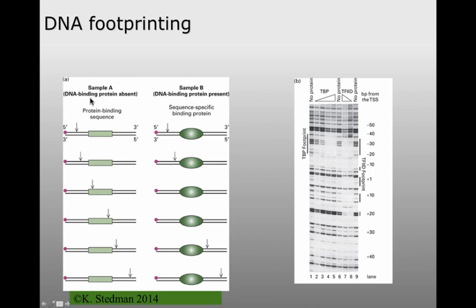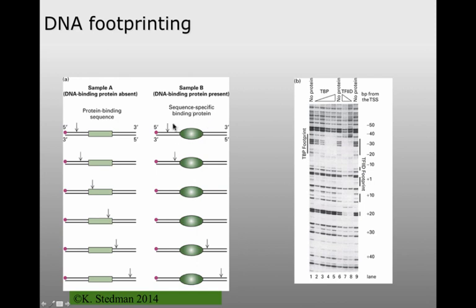And so in this case right here, in the absence of a DNA binding protein, you're going to get a piece of DNA which is cut here, piece cut here, piece cut here, piece cut here, piece cut here, and piece cut there. And so you can have a whole population of different DNAs with slightly different lengths relative to each other.